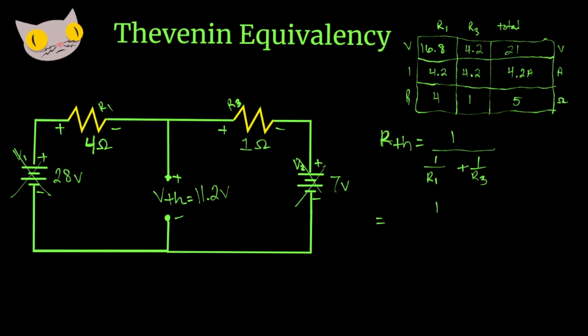That gives us 1 over 1/4 plus 1 over 1, which is just 1. And that gives us 0.8 ohms. So the resistance between these 2 points is going to be 0.8 ohms.